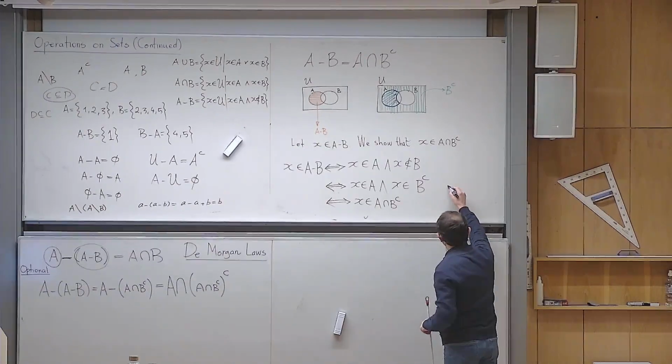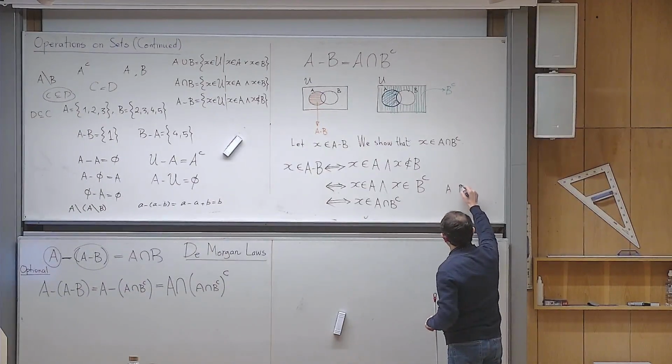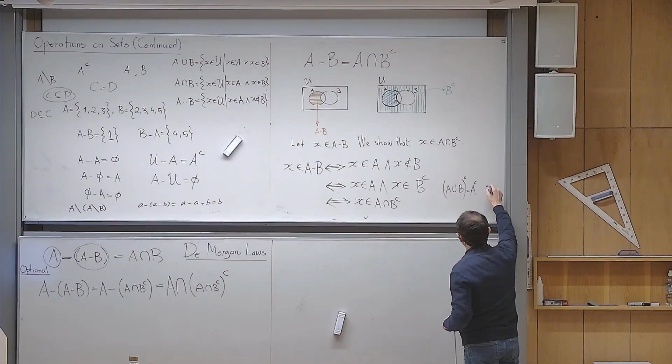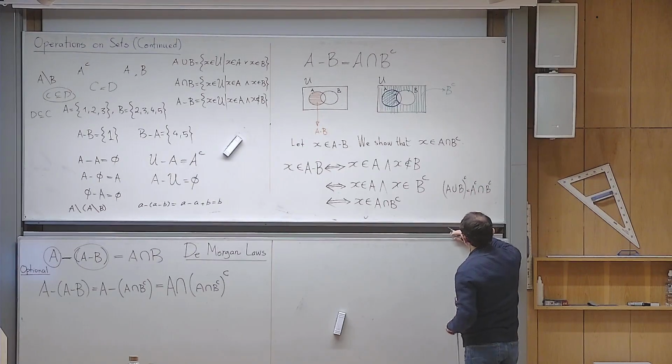If I have two sets, I union them, and then I want to find the complement, I can separately do the complement, but be careful, you have to swap this to intersection.